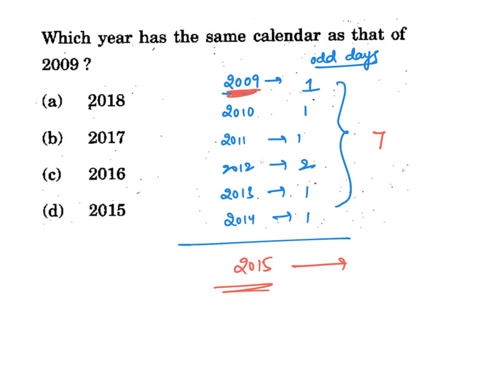So the entire calendar is going to be the same. 2015 is not a leap year, and 2009 is also not a leap year. Suppose 2009 were a leap year, then you would have to ensure that 2015 is also a leap year. Here both are not leap years, so the answer is 2015.